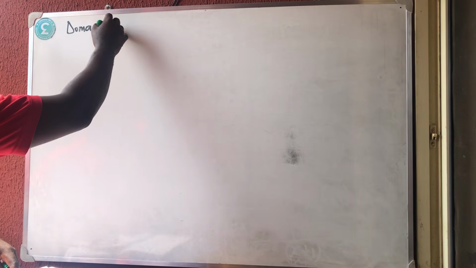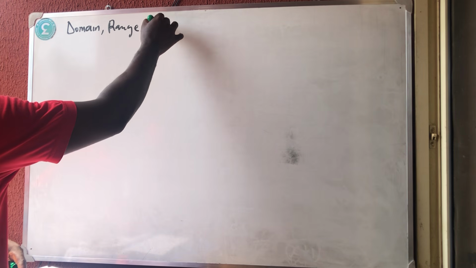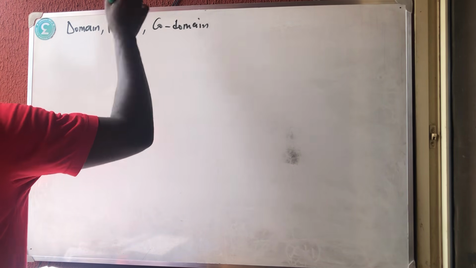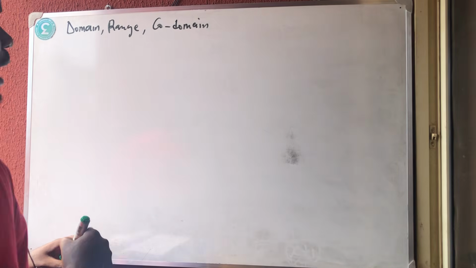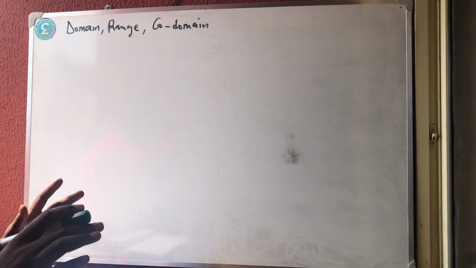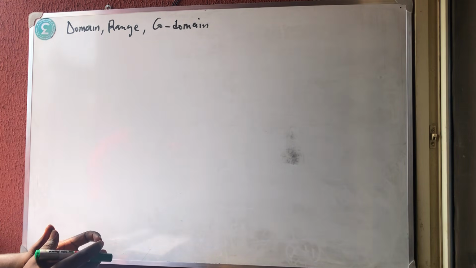Domain, range, and codomain. Now, let me explain. Domain is the collection of the material you want to use to produce something.